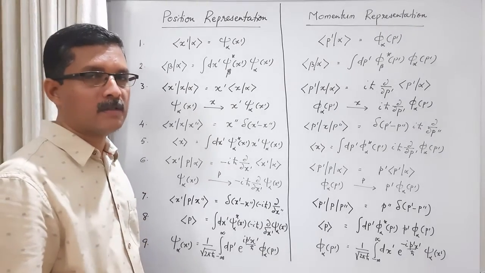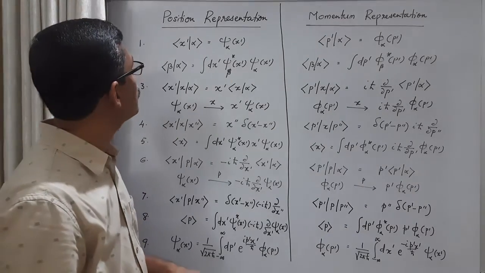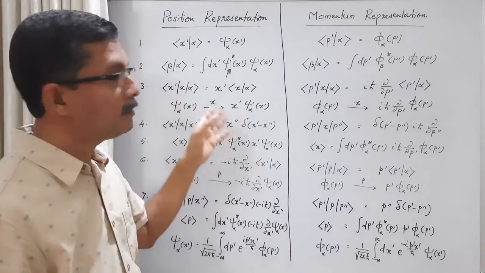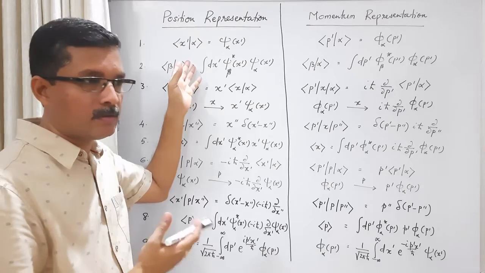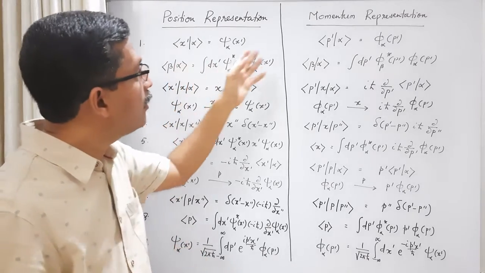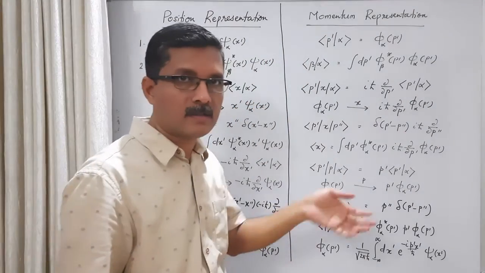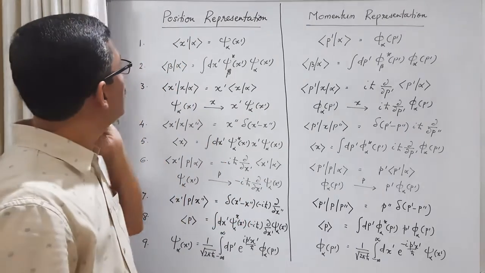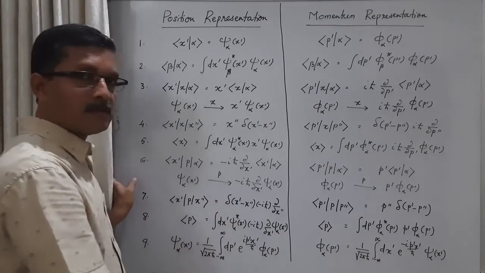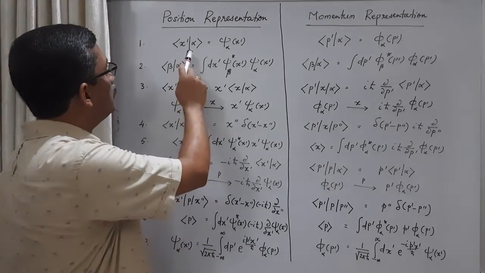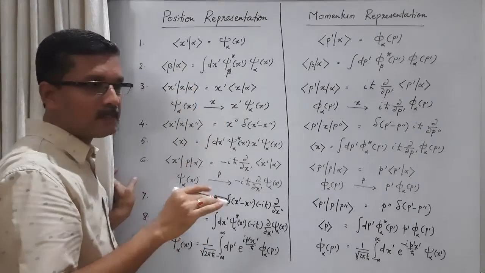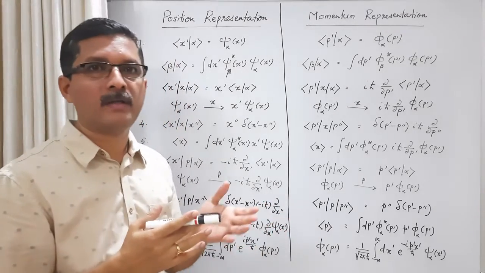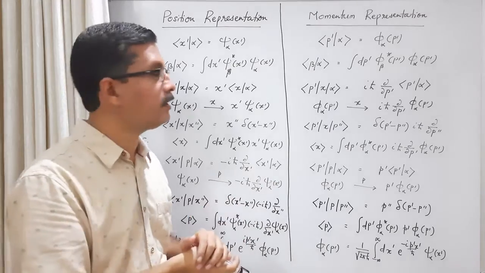I have summarized here the results that we have obtained so far. In position representation, that means in coordinate representation or in x basis, and in momentum representation, that is momentum basis or p basis. So some major results are: basic relations involving the eigenvalue equation or orthonormality, completeness, these things I have avoided.